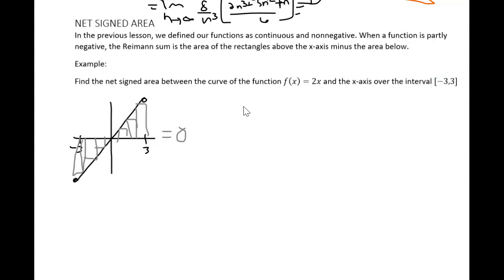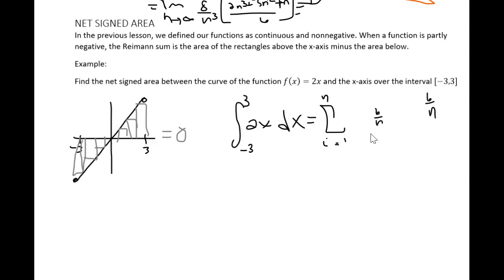So to find this one, if we're writing it in notation, we're just doing the integral from -3 to 3 of 2x dx, and we're going to turn it into a Riemann sum. So we've got i equals 1 to n, and then we've got our delta x, which is 6 over n.